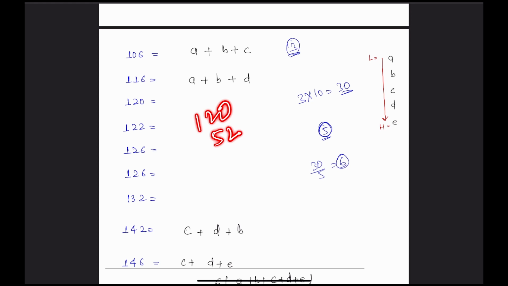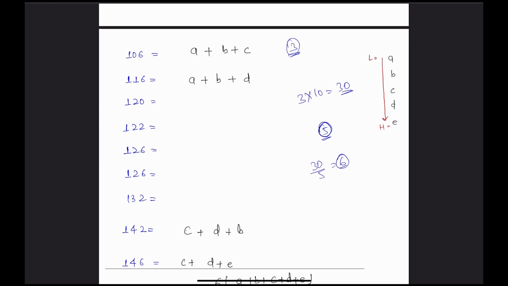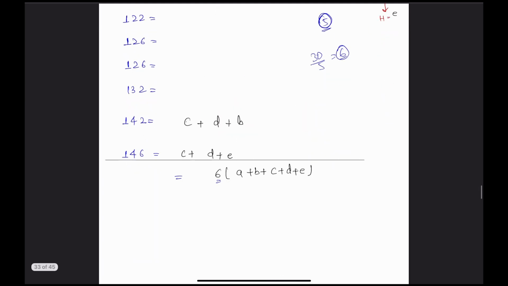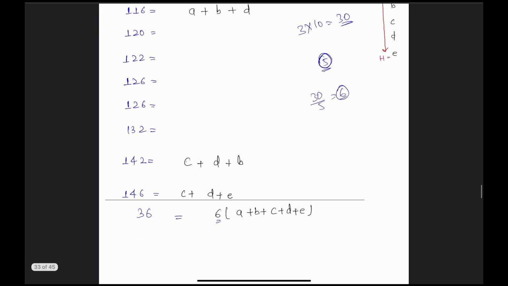Then 122 plus 50 is 172. 172 plus 42: 172 plus 2 is 174, 174 plus 40 is 214. So 236. 36 is there, carry 2. So 1 2 3 4 5 6 7 8 9, 9 plus 2 is 11.